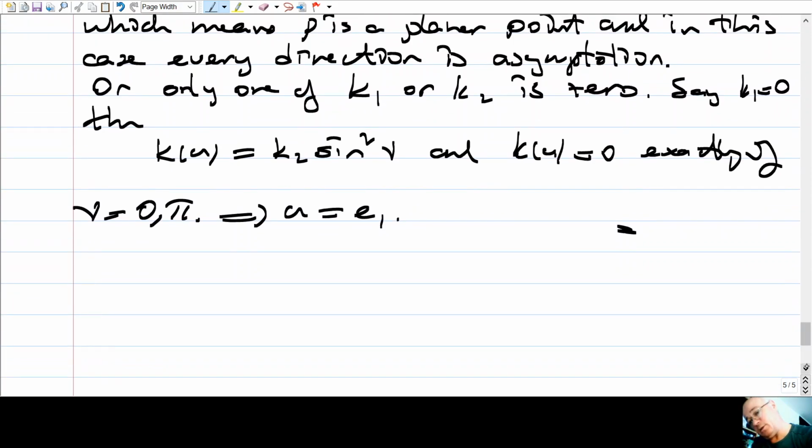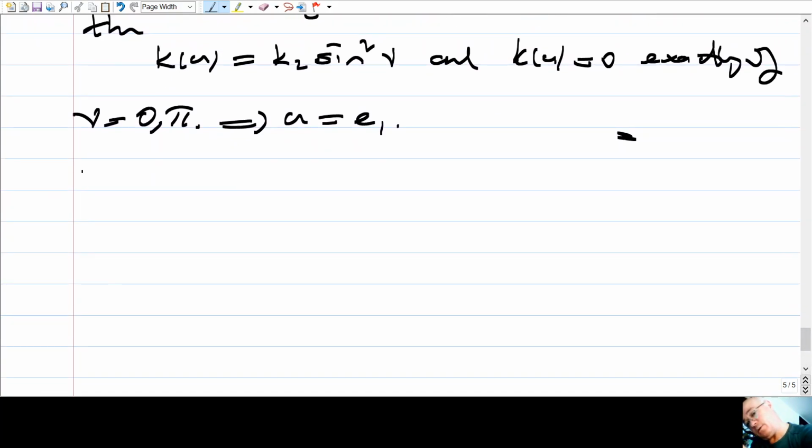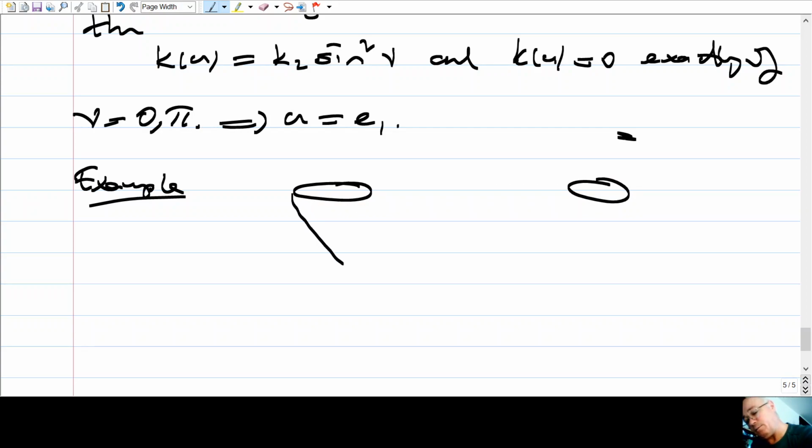There is one example. Let me draw this example. We have a part of, for example, a torus.